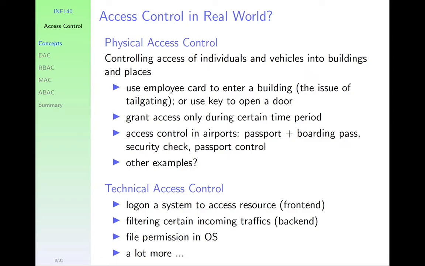But there are some back-end access controls, like in the network context. So some facilities cannot be accessed, and they set the port or set the firewall to filter out some incoming traffic. So that's another type of access control.